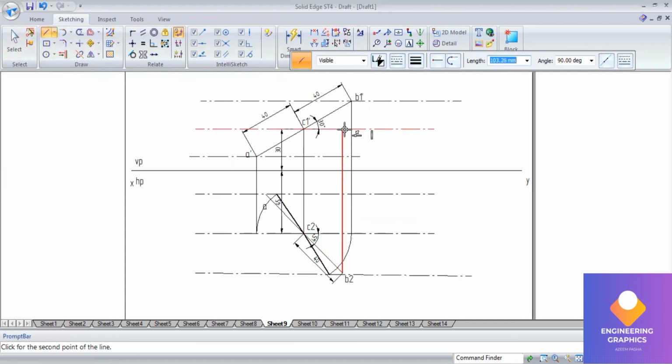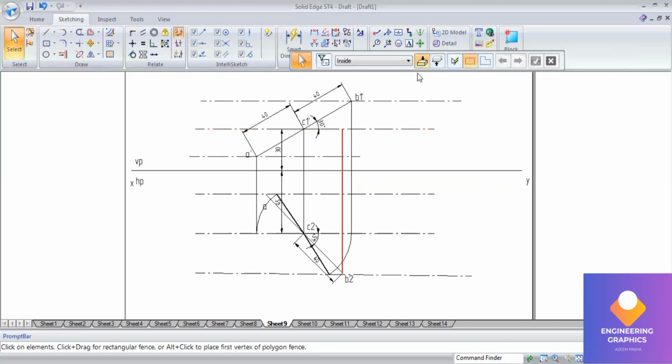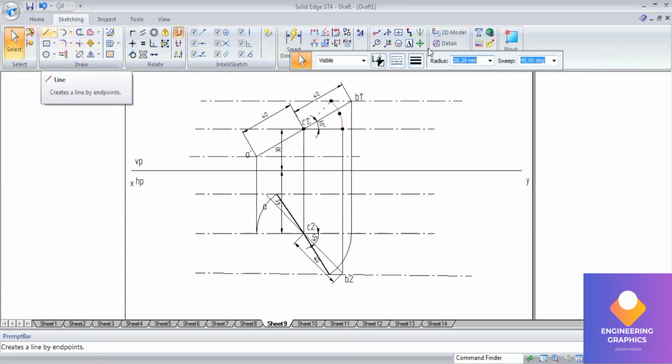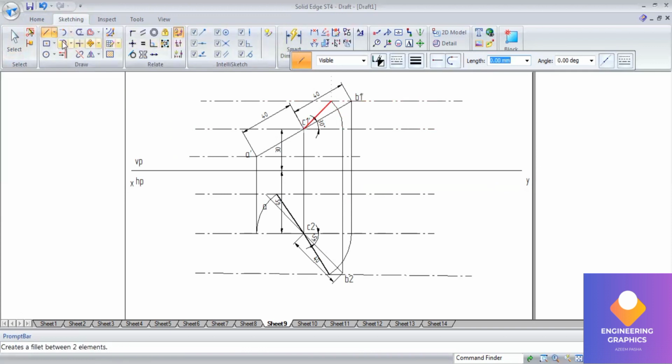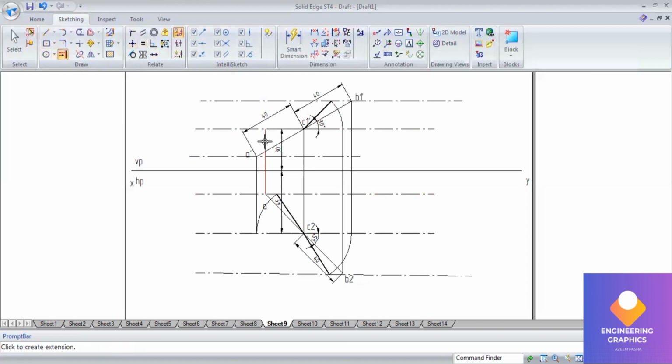I think this step is not correct. Okay, so like this we should do it.